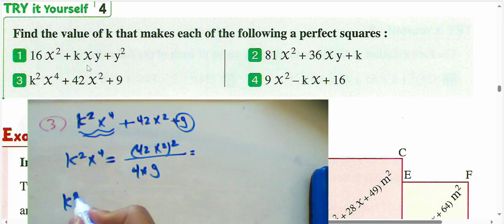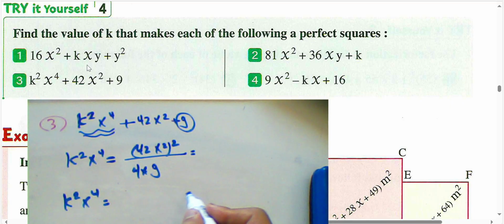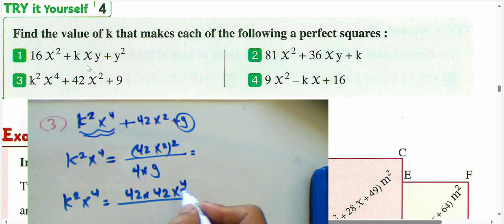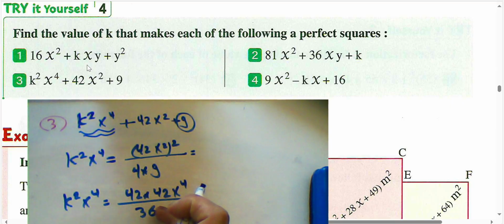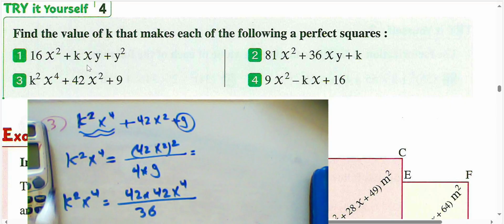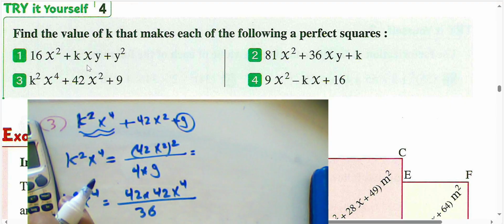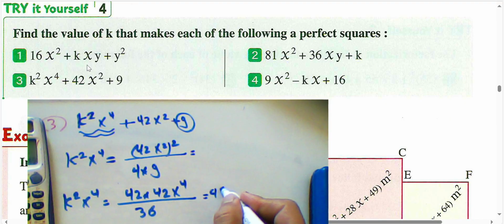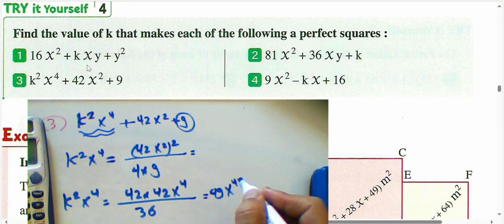Then we have k power 2 x power 4 equals 42 times 42 x power 4 over 4 times 9, equal 36. You can start 42 times 42 in your calculator, 42 by 42 divided by 36, it will be 49. 49x power 4.